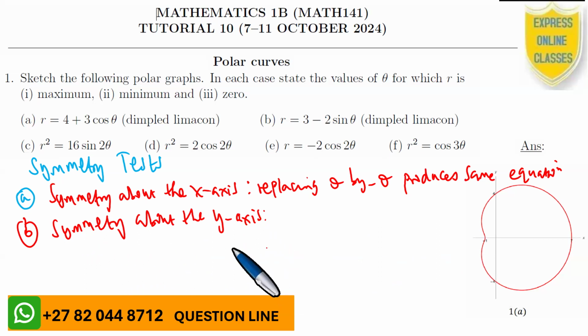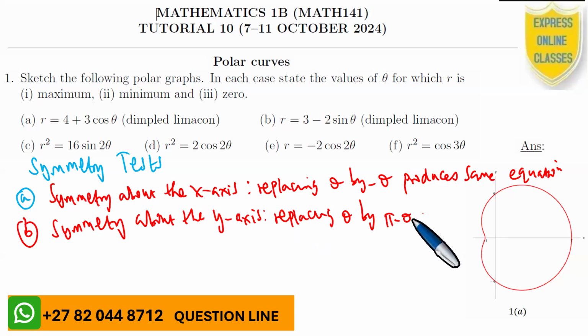So, symmetry about the y-axis: replacing theta by pi minus theta produces the same equation.